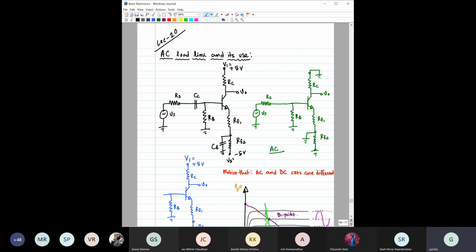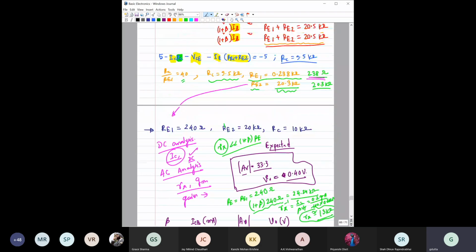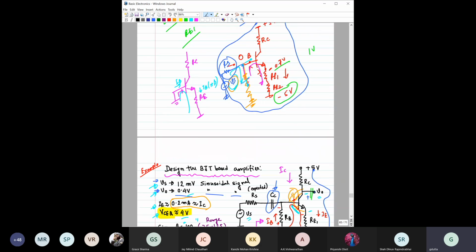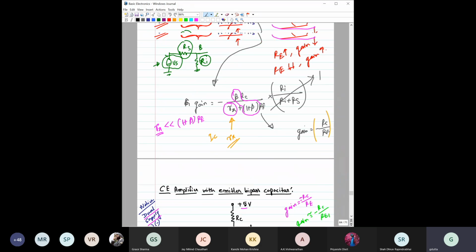So, day before yesterday, in our last class, we discussed a couple of things: the CE amplifier with emitter bypass capacitor.